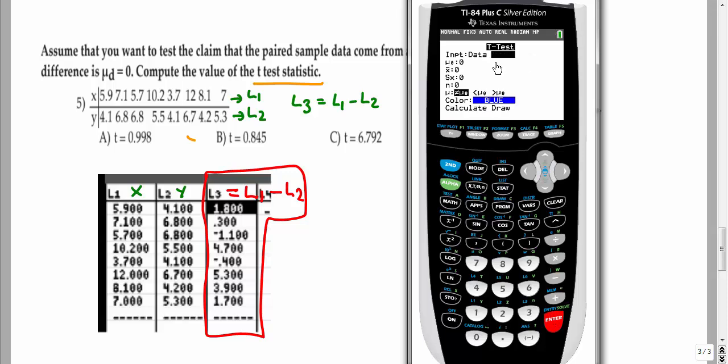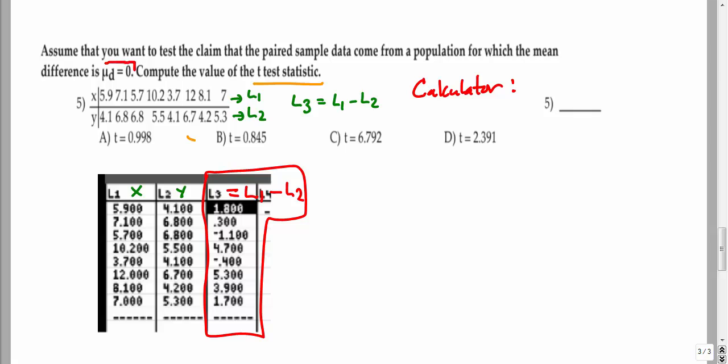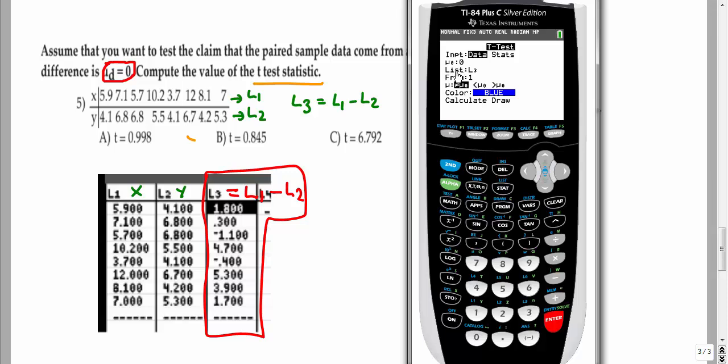Now under the t-test, I can enter statistics, or I can tell it to look in the columns of my data. So I'll choose data here, and mu naught is equal to 0. That's given right here. Then the list that I want to use is L3, that's second 3 here, because that's where my new data set is.